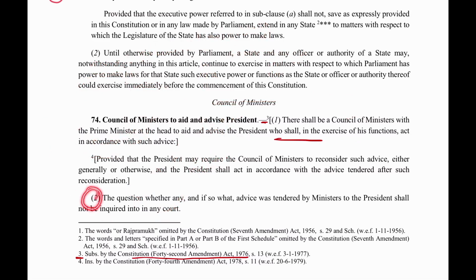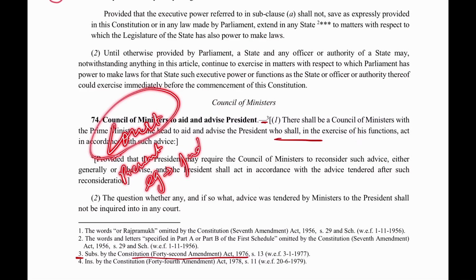The next clause says: the question whether any, and if so what, advice was tendered by the Ministers to the President shall not be inquired into in any court. So whether any advice was given, or what was the advice given, both of these questions cannot be inquired into in any court. Here you are preventing the judiciary. You can remember this example in checks and balances, okay?